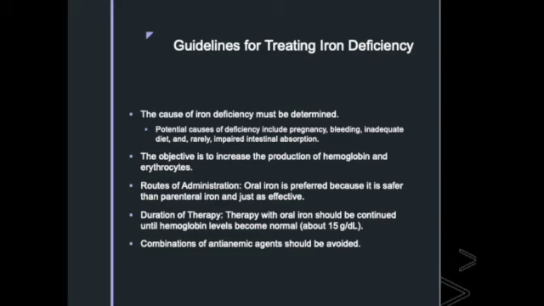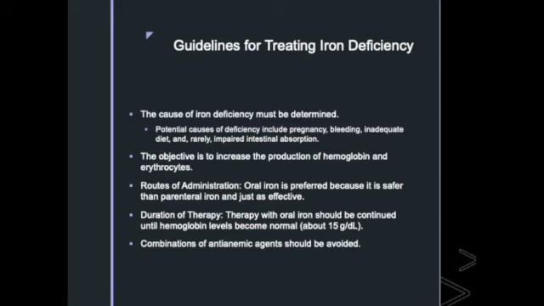Before you treat for iron deficiency, you want to understand the etiology of the iron deficiency. Potentially, it could be pregnancy, bleeding, or inadequate diet. It's rarely because of a lack of intestinal absorption of iron. Our main objective is to increase the production of hemoglobin and erythrocytes.